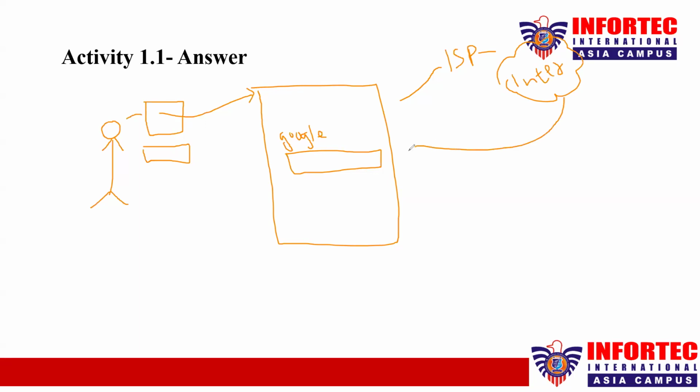And then with this, you can access the internet and all. So these are the things you should include. You can draw your own diagram. There are no limitations, no restrictions. The only thing you should do is follow this one.